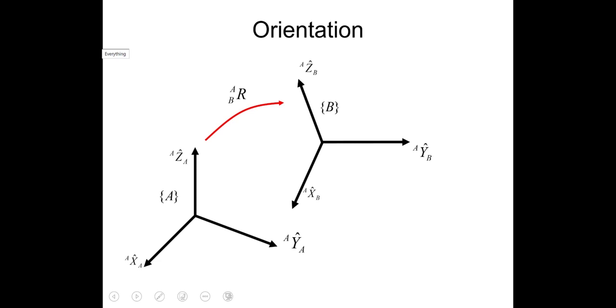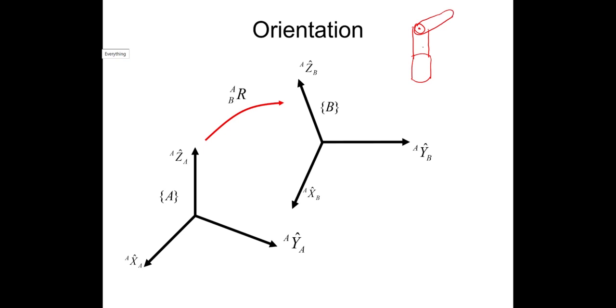So now let's think about another coordinate frame, like in the robotic arm. Here, for example, is the base, and on the base we have the arm, and right here we have the revolute joint connecting to another link.